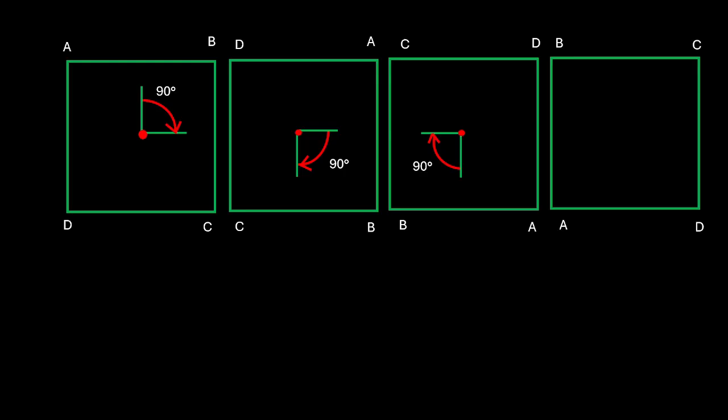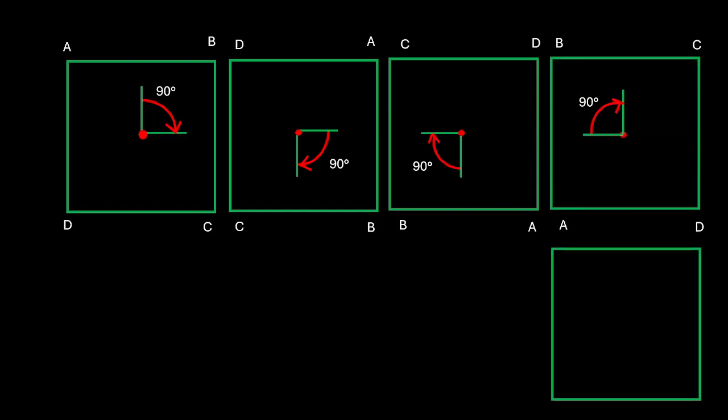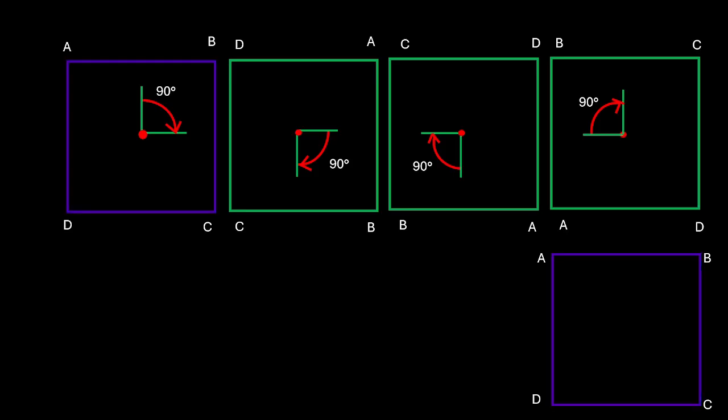After the fourth rotation, it will cover a complete circle of 360 degrees and will look like this. It is back to its original position. Now, again, ignore the vertices and just see that this looks similar to the initial one. At every rotation, the square was exactly the same as the square was before rotation.